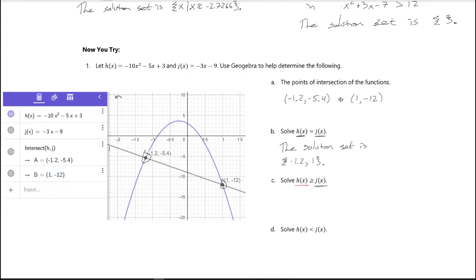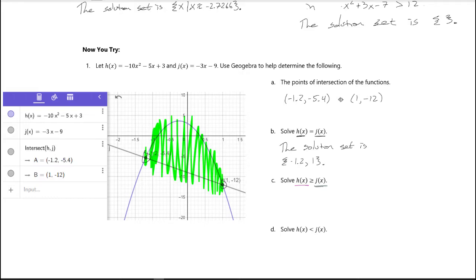J of x is the gray line. Well, I think I got it working at least for now. Okay. J of x is the gray line, so we want the purple line to be above or equal to, so we can include the endpoints. We want to know when are the y values of the purple line greater than the y values of the gray line. So when are they above the y values of the gray line?